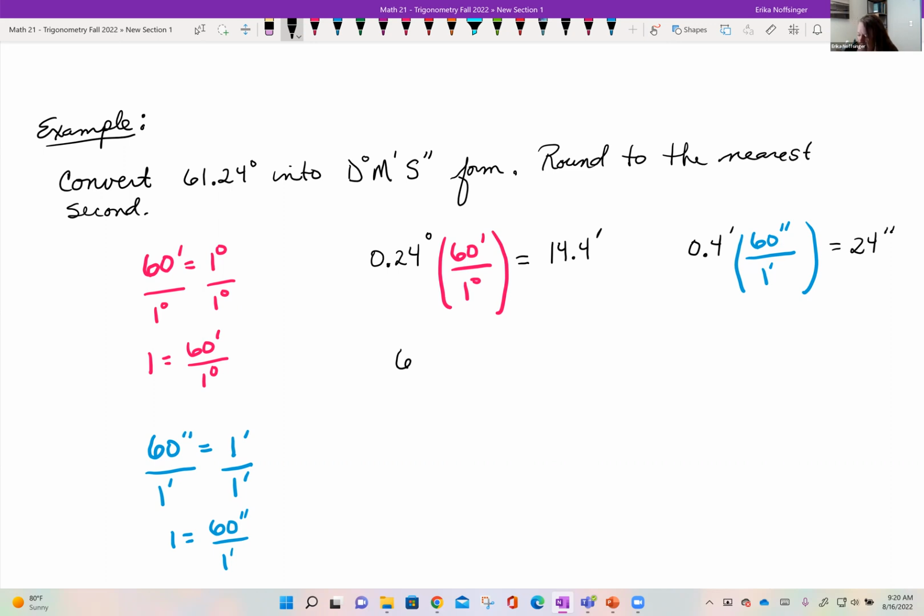So our 61.24 degrees is equal to 61 degrees, we use the whole part here, 14 minutes, and 24.